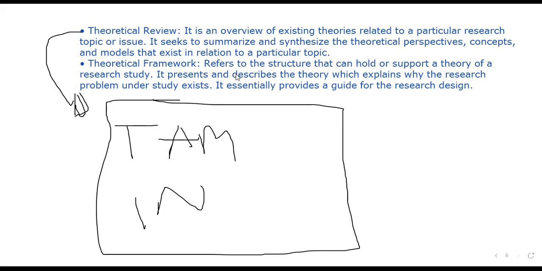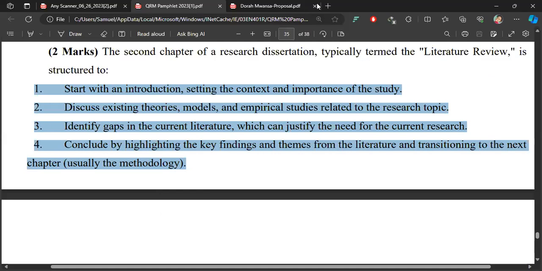The second chapter of a research dissertation is named the literature review. We know that. Chapter 1, introduction. Chapter 2, literature review. Chapter 3, methodology. Chapter 4, data analysis. Chapter 5, discussions and findings. Chapter 6, recommendations and whatever.